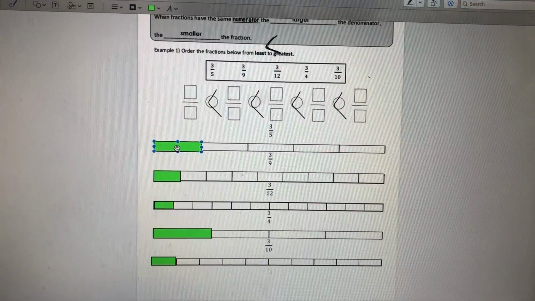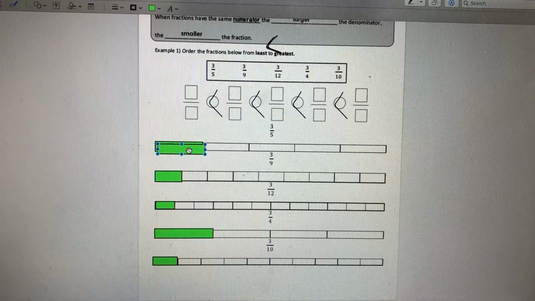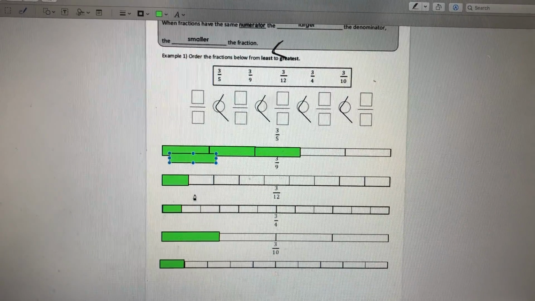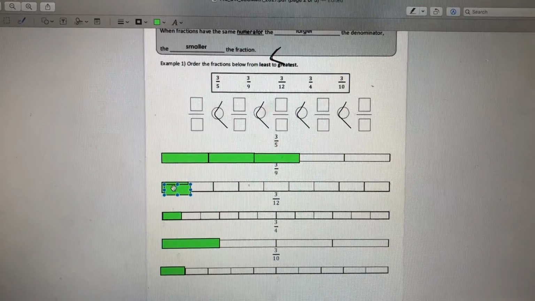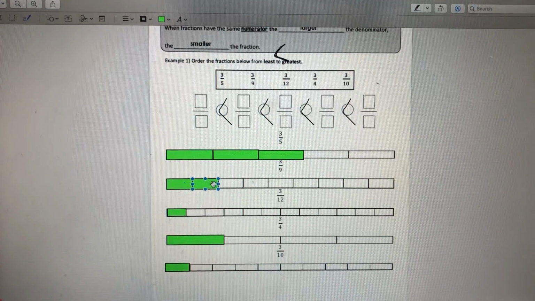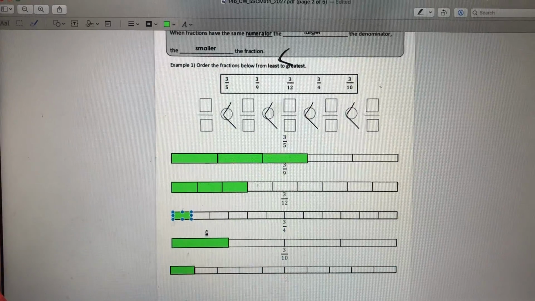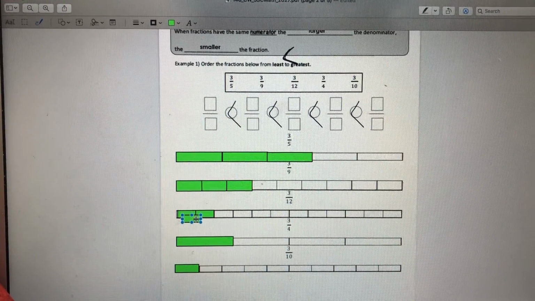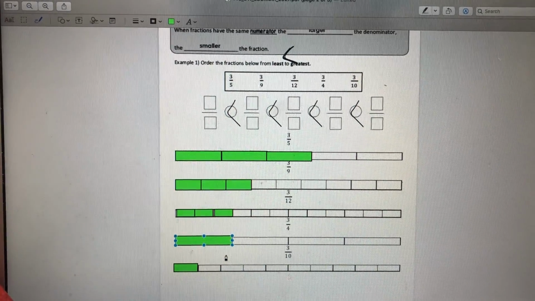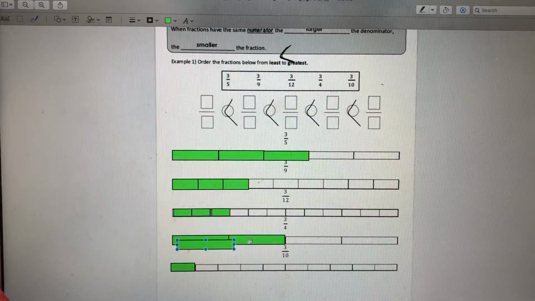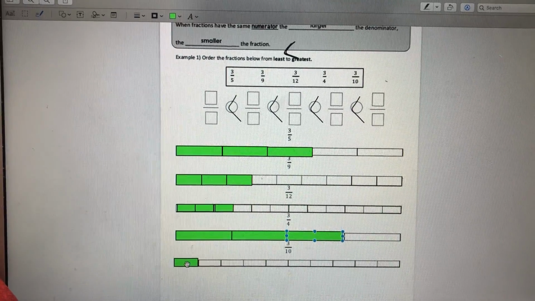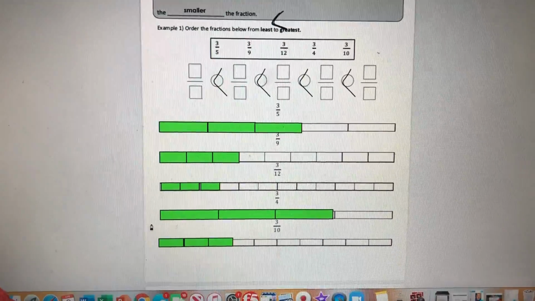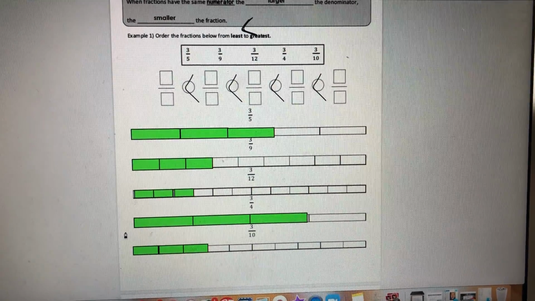I'm going to first use these bar models to fill in 1/5, 2/5, 3/5, 1/9, 2/9, 3/9, 1/12, 2/12, 3/12, 1/4, 2/4, 3/4, 1/10, 2/10, 3/10.